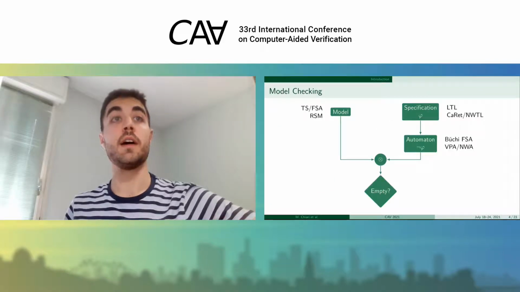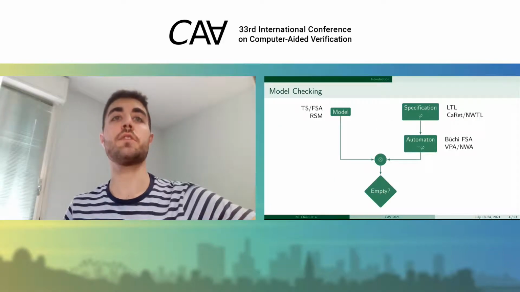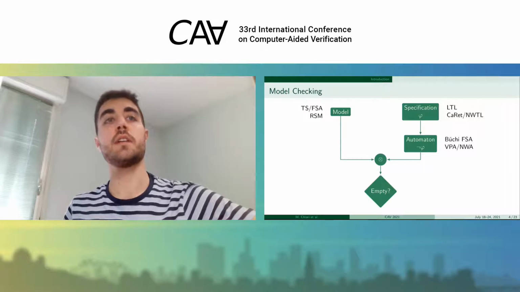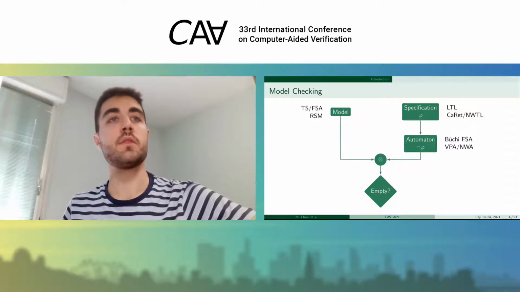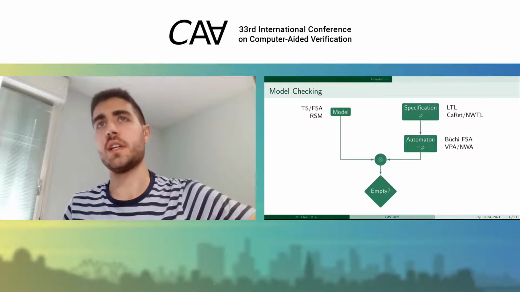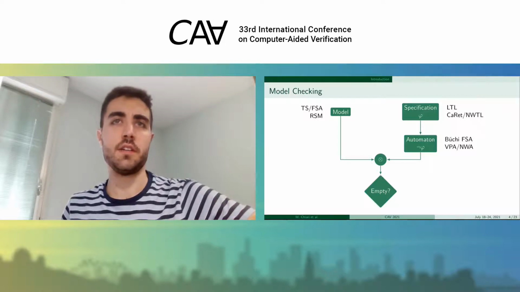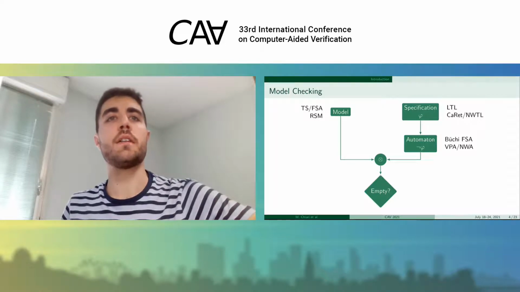In short, model checking is the verification of a system model with respect to a requirement specification. The kind of properties that we can check depend both on the formalism that we use for the model and the one that we use for the specification. For the specification, one of the most popular ones are temporal logics, such as linear temporal logic or LTL.